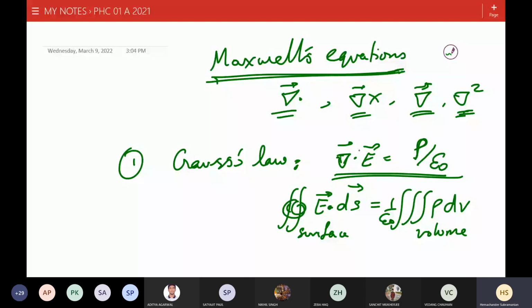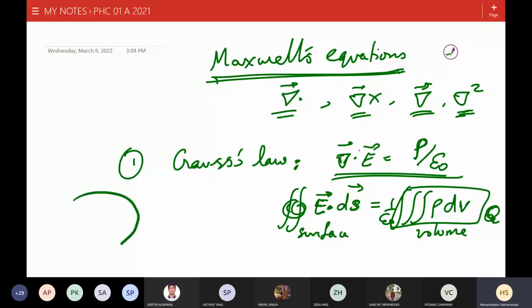I don't want to get into that, but I will give you the physical interpretation of what this equation means. The integral of rho dV is just Q, the total charge within that volume, right? And what is E dot dS? If you have some surface, dS is a surface element, a vector along the direction perpendicular to the surface.